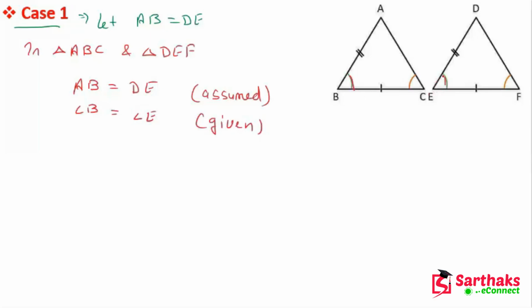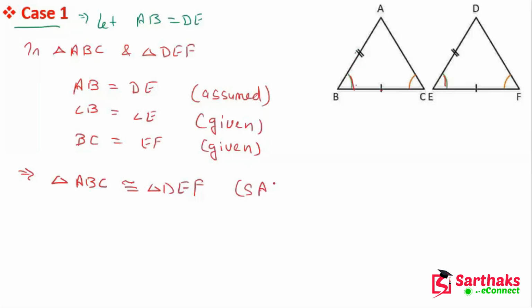BC is equal to EF, which is also given. So from this we can write that triangle ABC is congruent to triangle DEF by the side angle side congruence rule. I hope you understand this. So this is case 1.